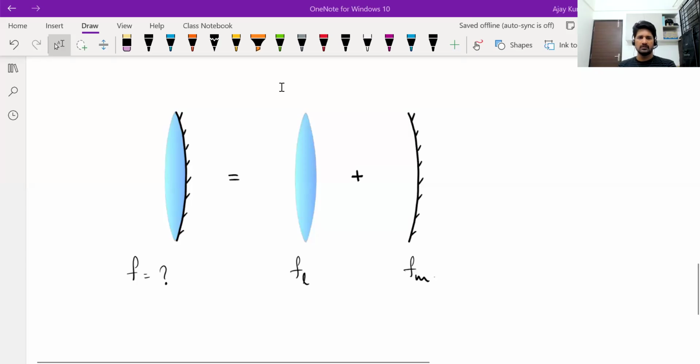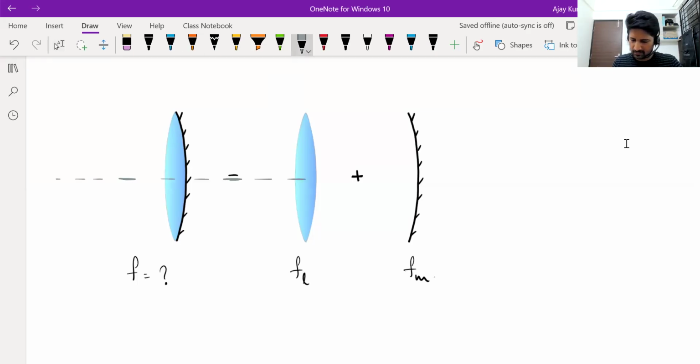So suppose parallel rays are striking this silvered lens like this. You can assume this is the principal axis. You can just treat it as a combination of a lens and a mirror, as I said.